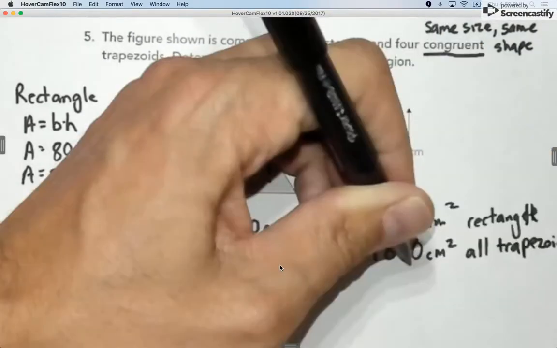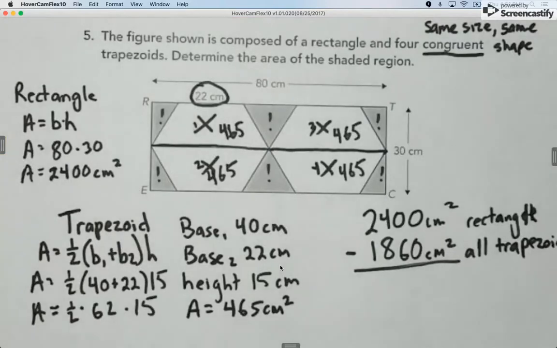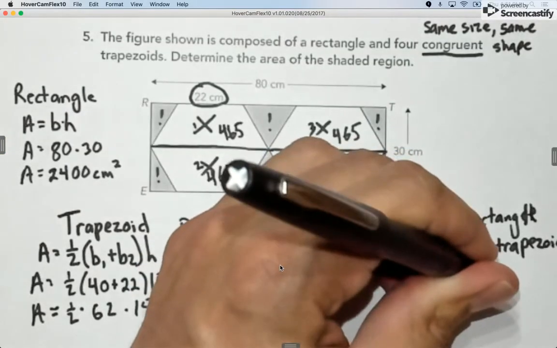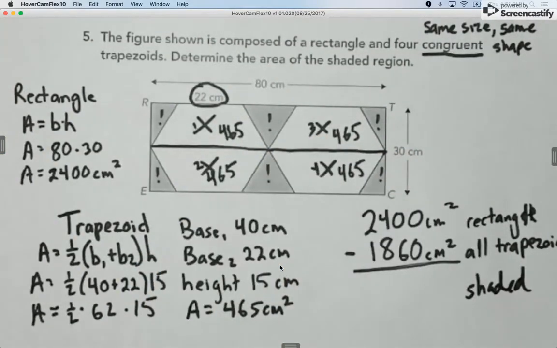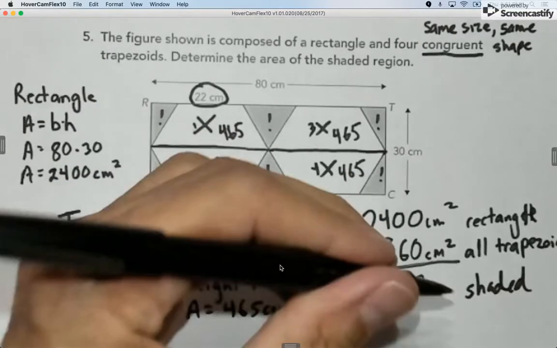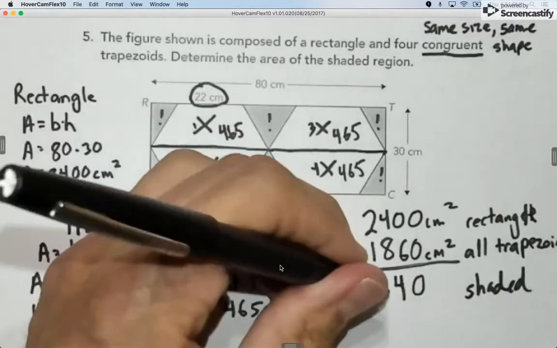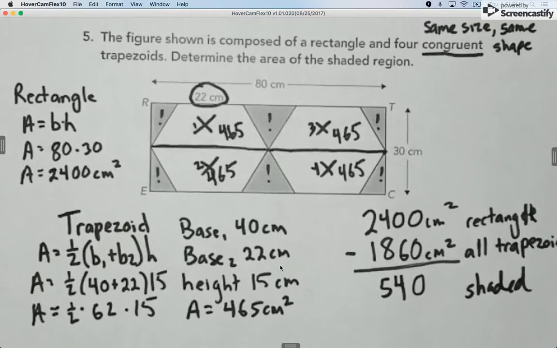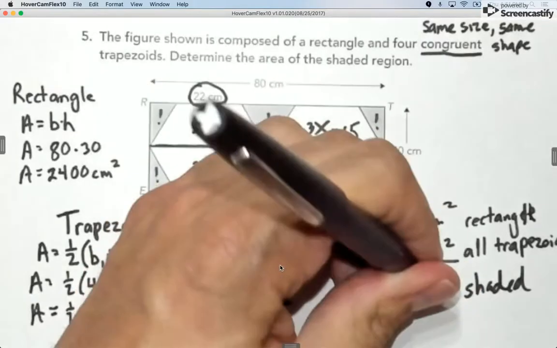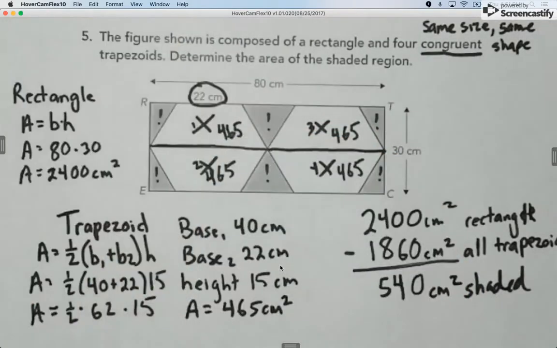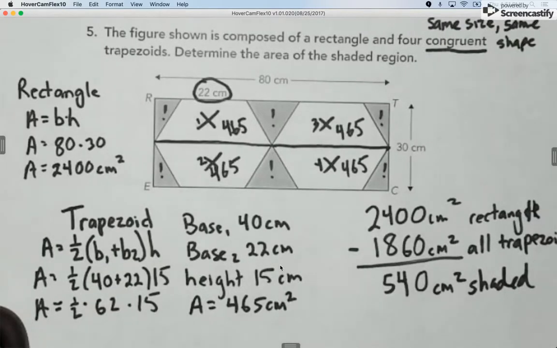And then I'm left with the shaded part here, which is going to be, in this case, 540 centimeters squared. Let me double check. 2400 minus 1860 equals 540.